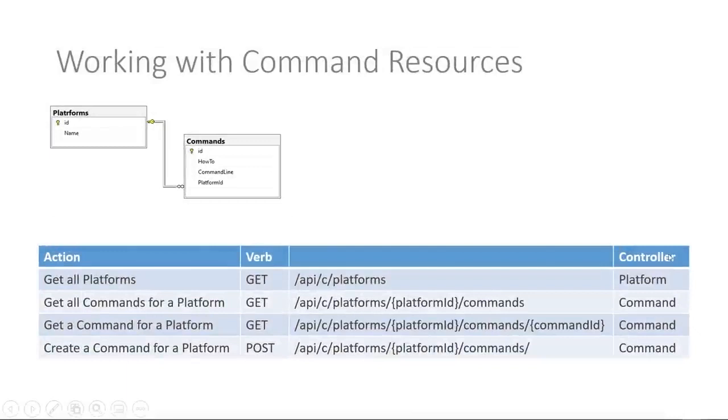Now, bear in mind our controller is our commands controller, so we have to actually write platforms as a string. We need to figure out a way to provide, in an attribute, a parameter, platform ID, which we have done before, so it shouldn't be too controversial. And then finally, inheriting the name of our controller.